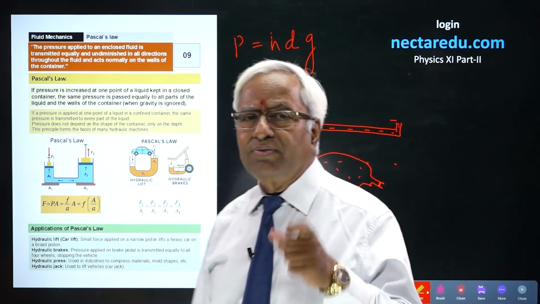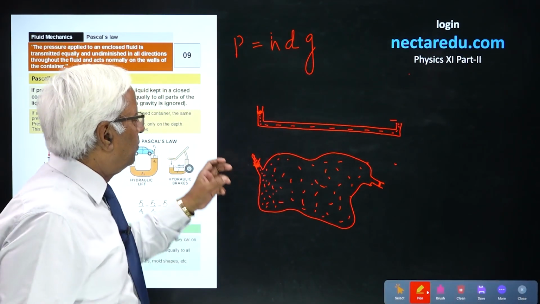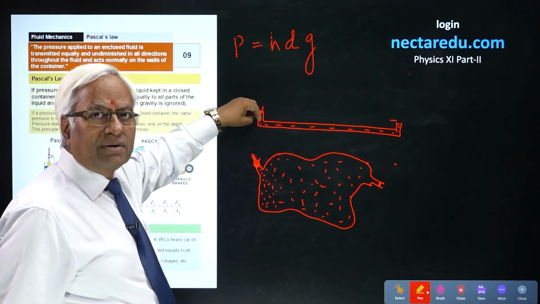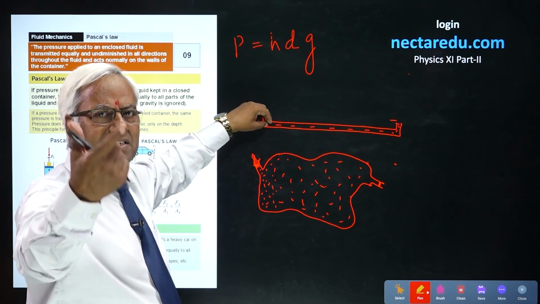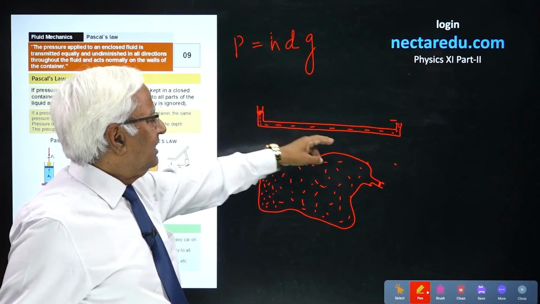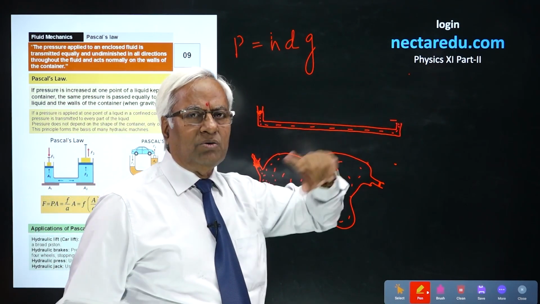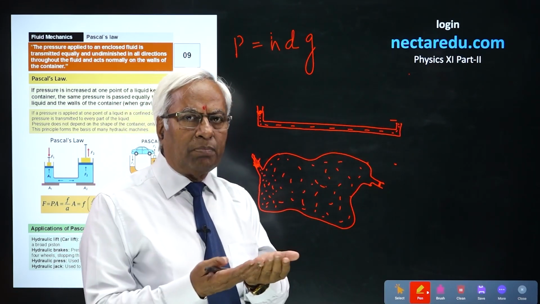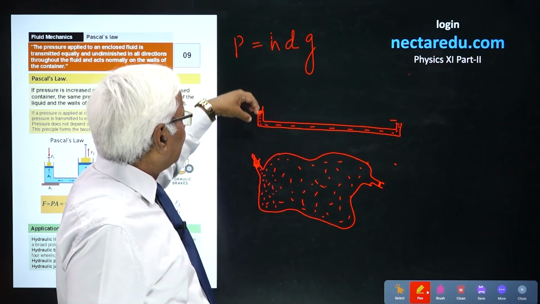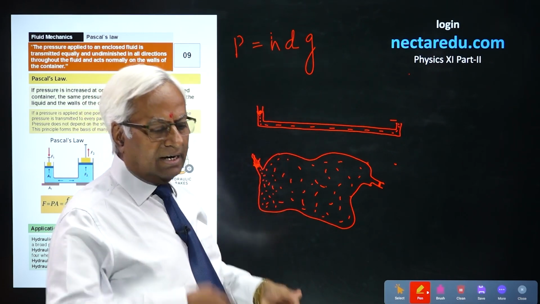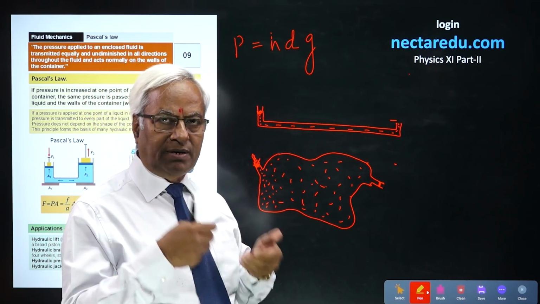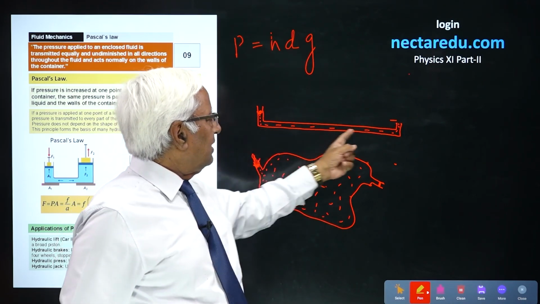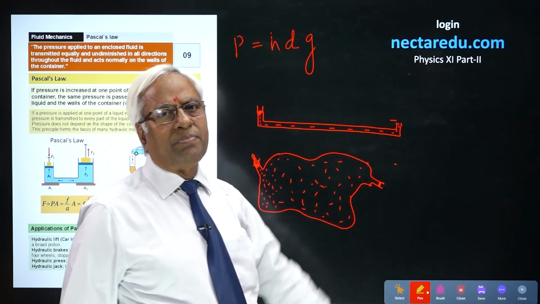Soon as the water or any liquid, suppose it is a colored liquid, is poured over here, it will immediately overflow, no doubt, because it was filled up to the top. When you added some liquid over here, the level will get disturbed, the level will be unbalanced. In order to balance the level, it will overflow.